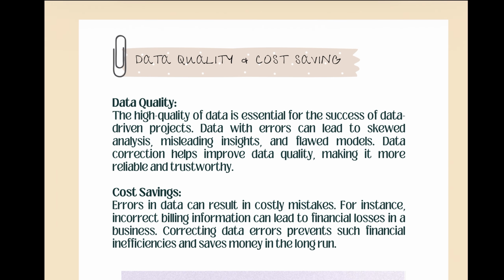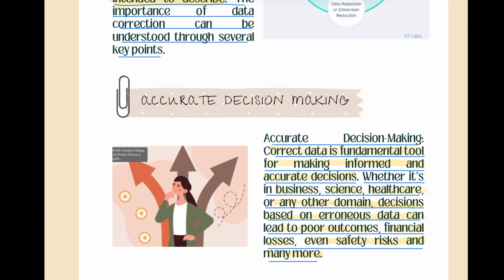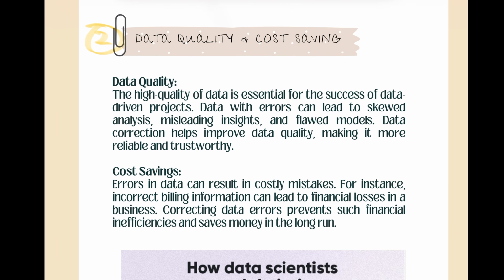So, this is the first need of the corrected data, accurate decision. Second one is data quality and cost saving. The high quality of the data is essential for the success of data driven projects.